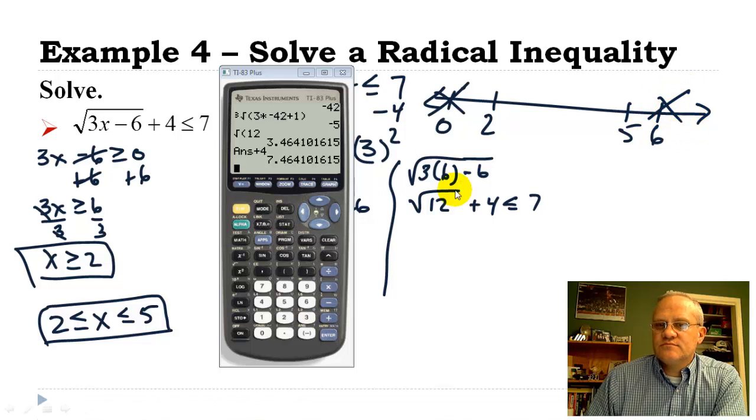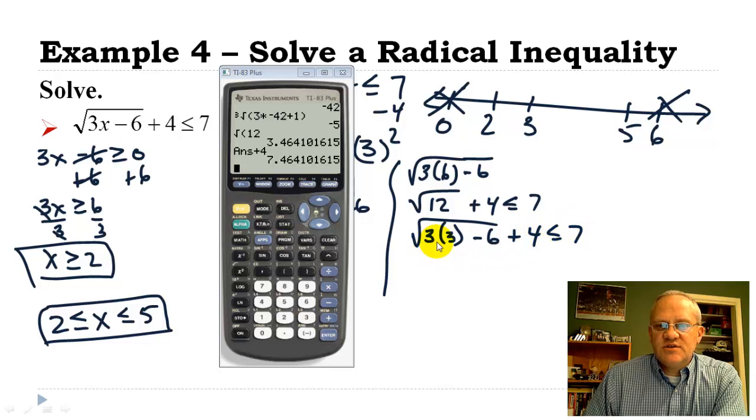And then the last thing, let's try something in the middle. How about 3? Let's try 3. So then I've got the square root of 3 times 3 minus 6 plus 4 is less than or equal to 7. So this is going to be 9 minus 6. What's 9 minus 6? 3. So let's try that one.